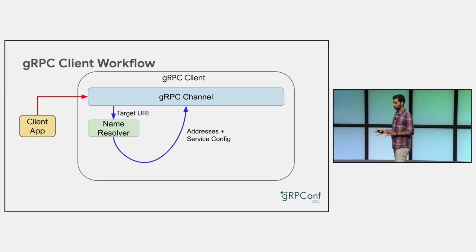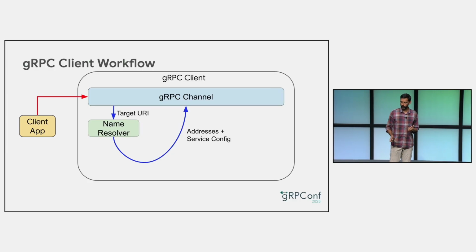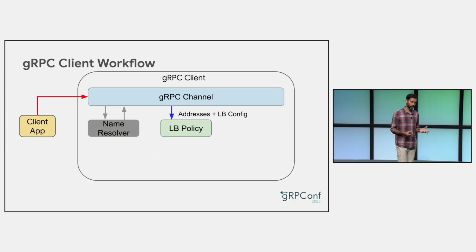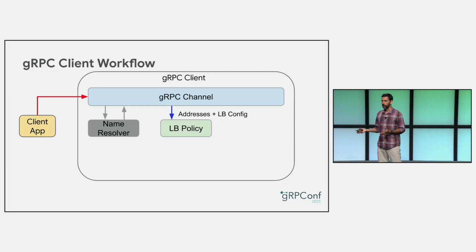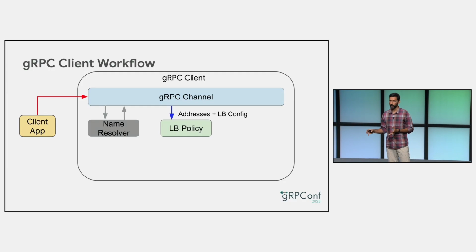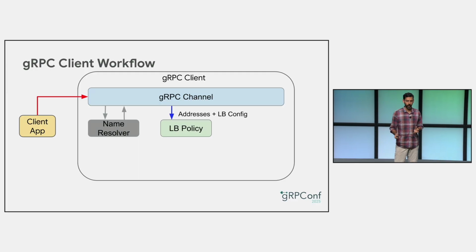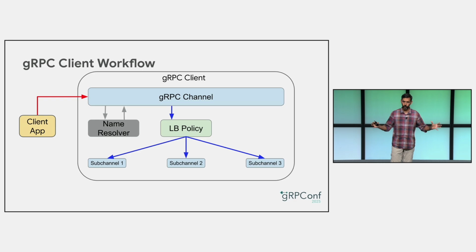But it also contains the name of the LB policy to use for this channel and the configuration to pass to the LB policy. So based on this, the gRPC channel then goes ahead and creates an LB policy and sends it the backend addresses and the LB config that the name resolver gave it. At this point, the LB policy will go ahead and create subchannels.